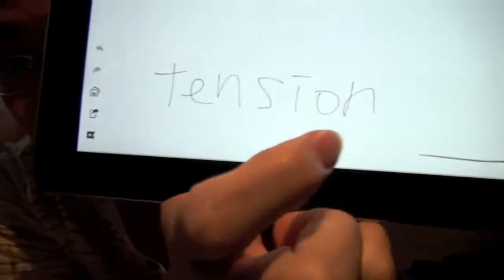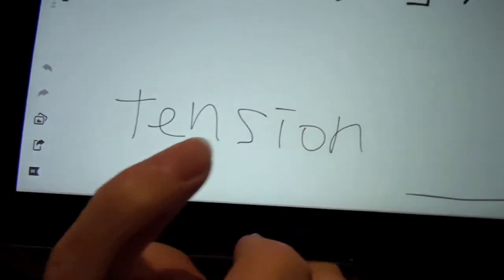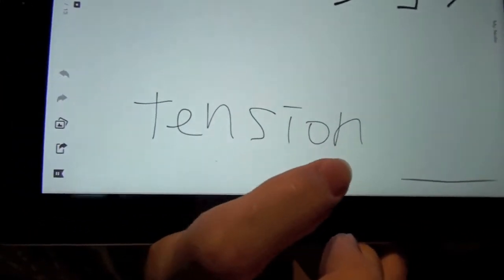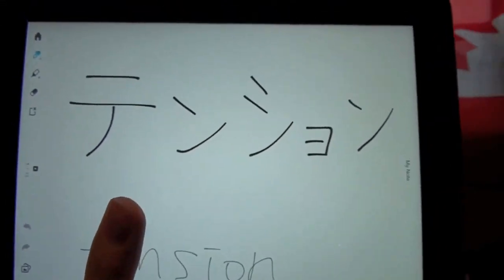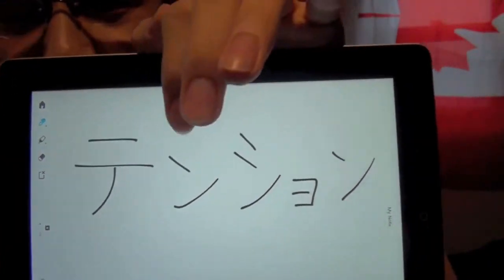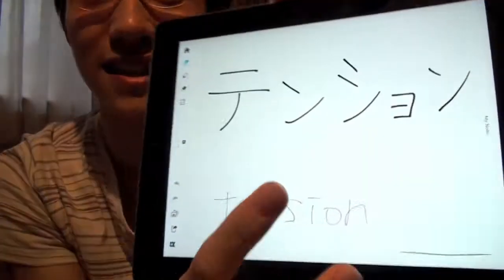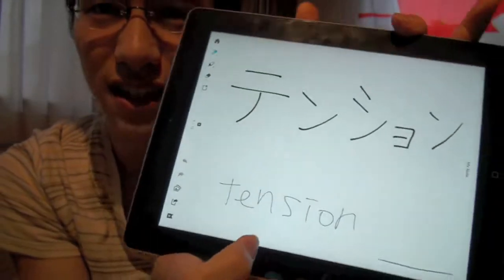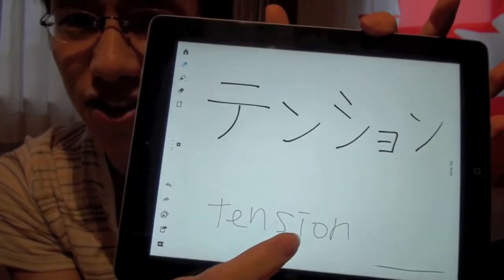So tension is tension. This is the original word in English, but this is a Japanese English word. In a way, this already is a Japanese word, because the two mean different things. So how is this tension used?